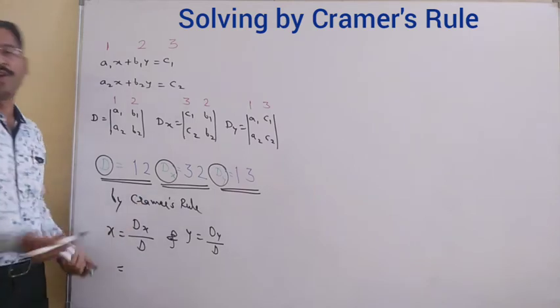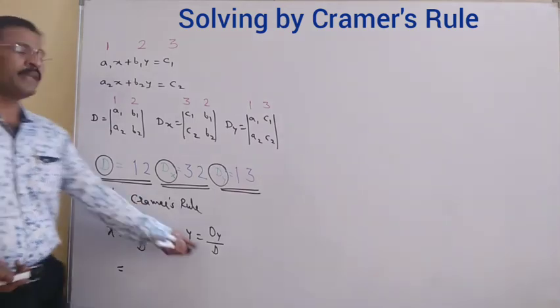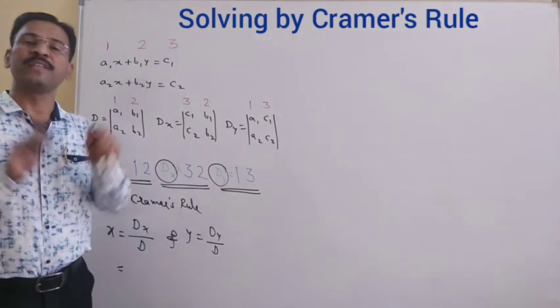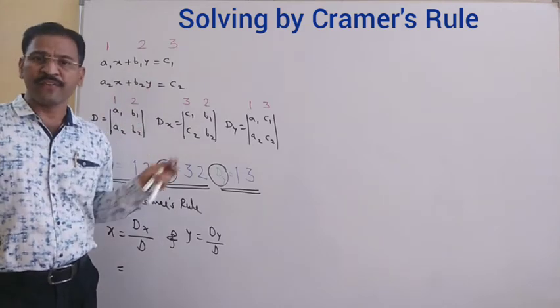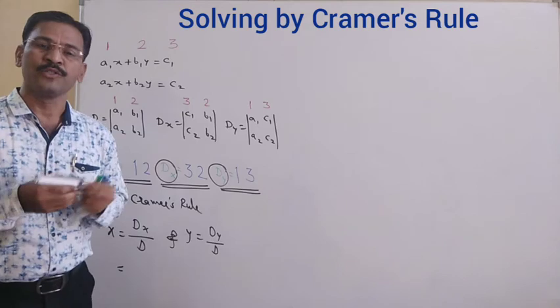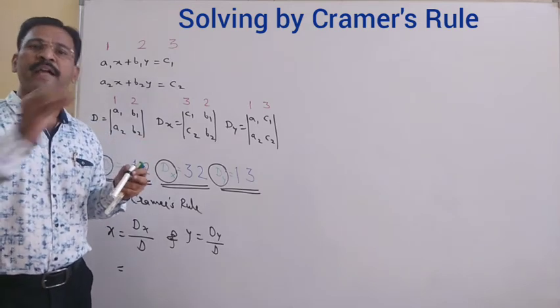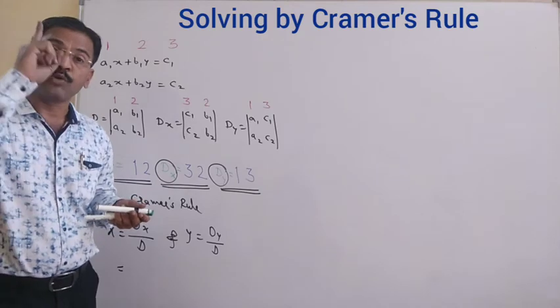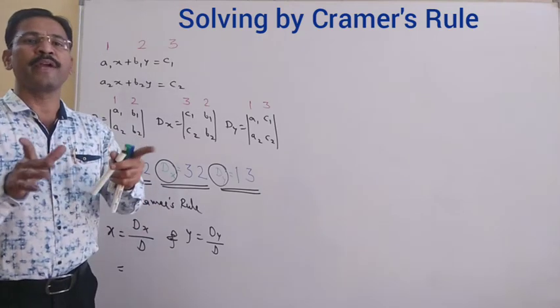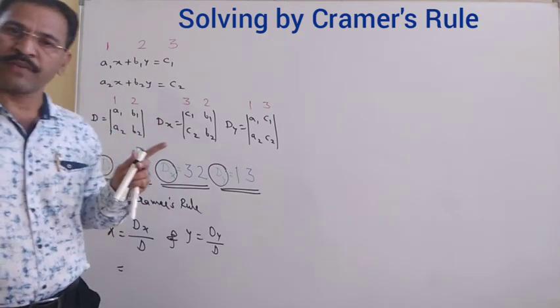By cancellation, we'll find the value of x, and similarly the value of y. This is the procedure, which is one of the very easiest ones. It is just different, but it is not difficult. So friends, whenever you get an example to be solved by Cramer's rule in the exam, try to attempt it first because you can get full marks for that.